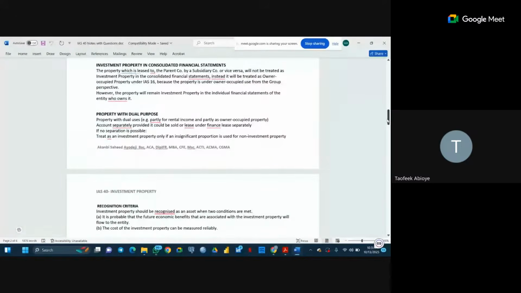However, if it's the other way around, what do I mean by the other way around? It's in the sense that the company leases out or rents out from the 1st story to the 4th, and they are only making use of a single room there as their office.